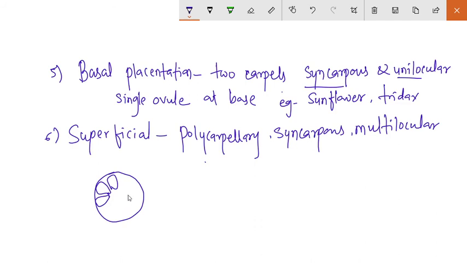Okay, all over the inner surface of the locule. Suppose these are the carpels.